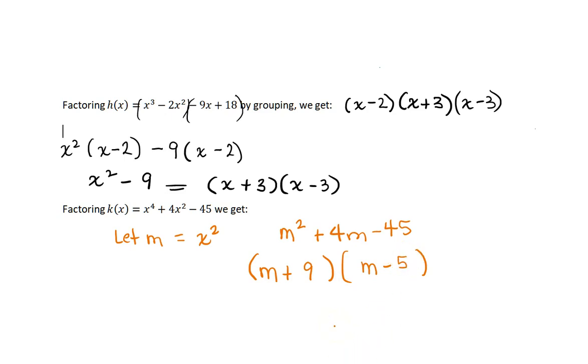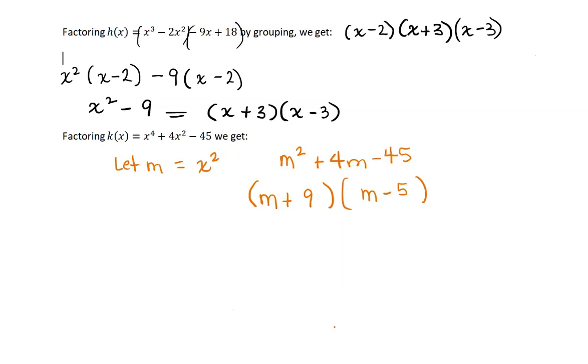We're making progress here. Now we're going to plug our original x squared back in, replacing m with x squared. This becomes x squared plus 9 and x squared minus 5.